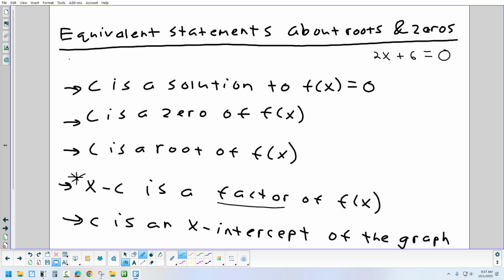If you plug that number in and you get 0, we talked about what happens when you plug a number in and get 0, and that gives you the remainder. So we're getting a remainder of 0 when you plug negative 3 in. What would have to be in the bottom of this problem for you to be plugging in a negative 3 to check for the remainder? What would you be dividing by in the bottom?